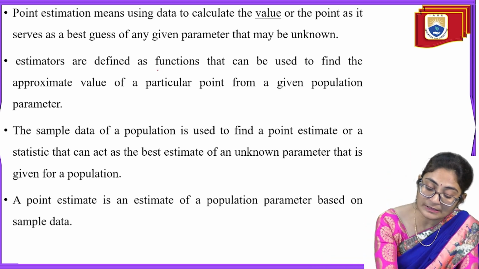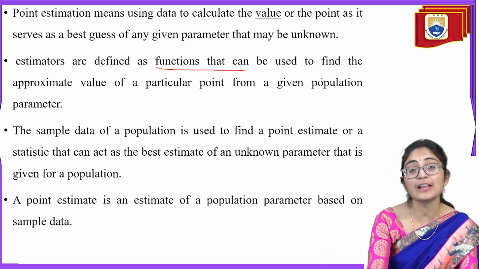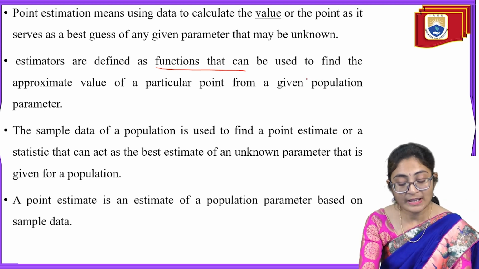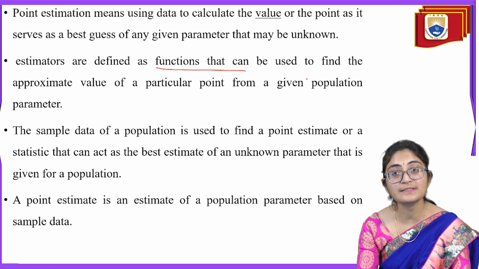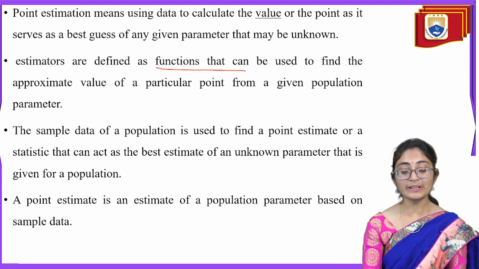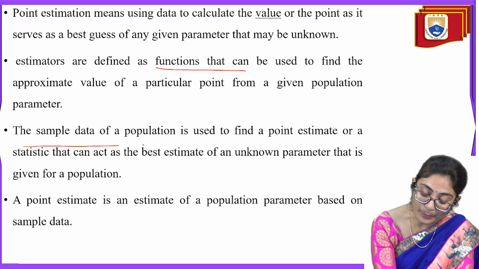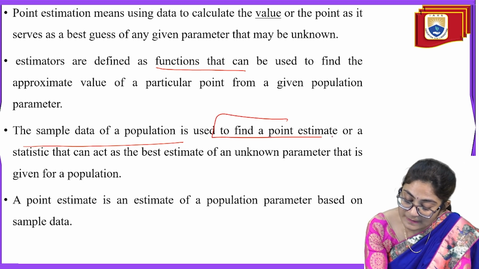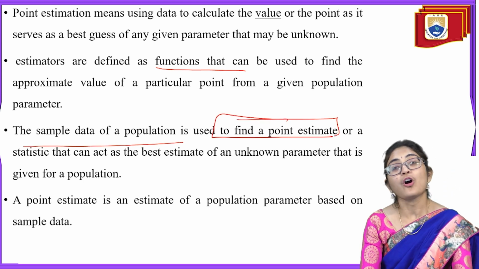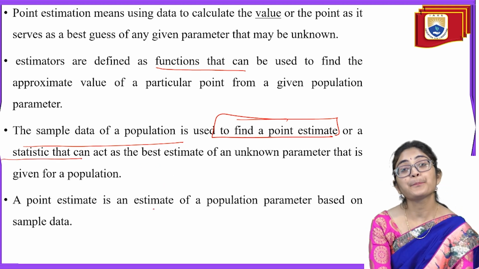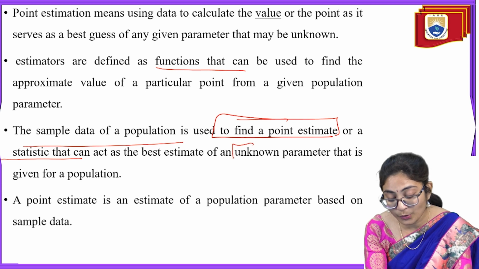These estimators define a function that can be used for finding the approximate value related to particular points, where we are using the population as a parameter. The sample data of the population is used to find the point estimate. Or we can say we are finding a statistic that can act as a best estimate of the unknown parameter.